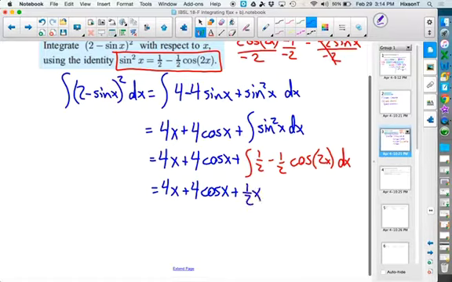It's a constant, right? So just tack an x onto it. Minus 1/2 times the integral of cosine of 2x. What's the integral of cosine of 2x? Sine of 2x times a half. The derivative is negative sign, the integral is positive.